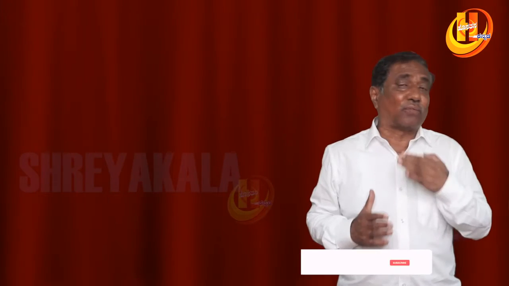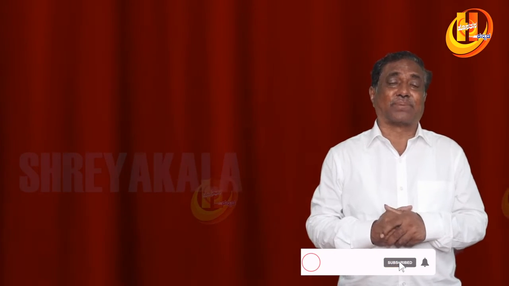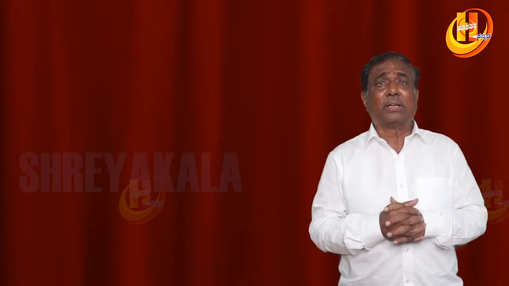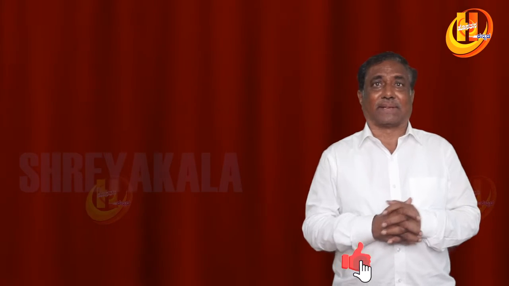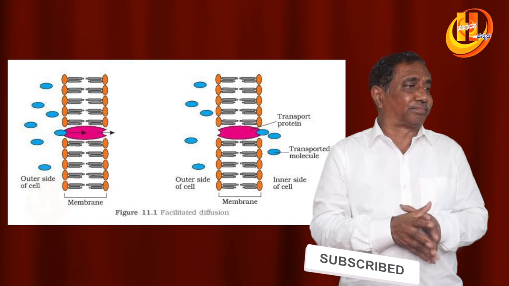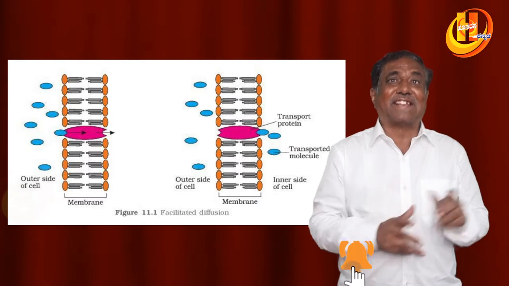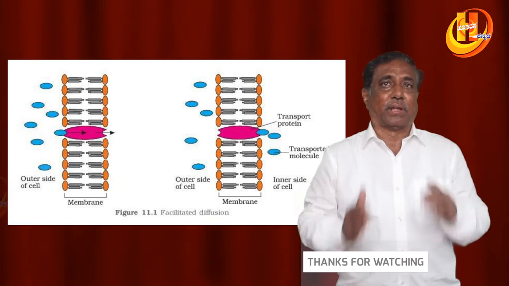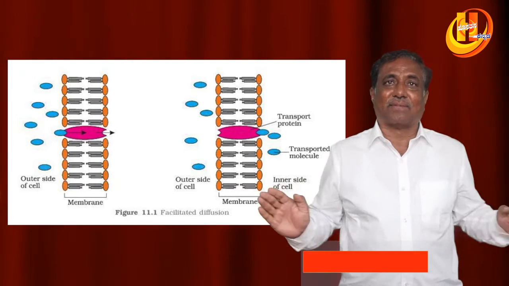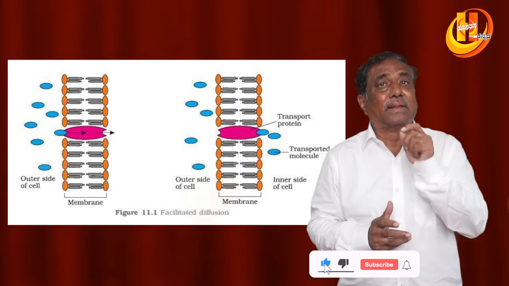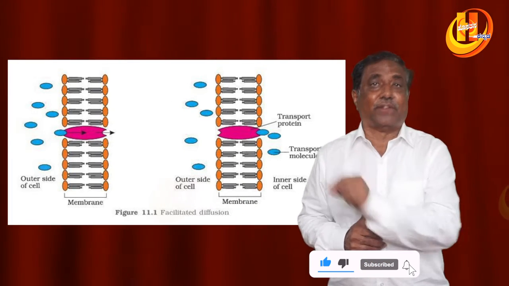And for this, water has to be transferred along with the salts. It requires some extra proteins. So the transport across the membrane, in which proteins facilitate the transport by diffusion, is a passive process. It doesn't involve the expenditure of energy. That is called facilitated diffusion.